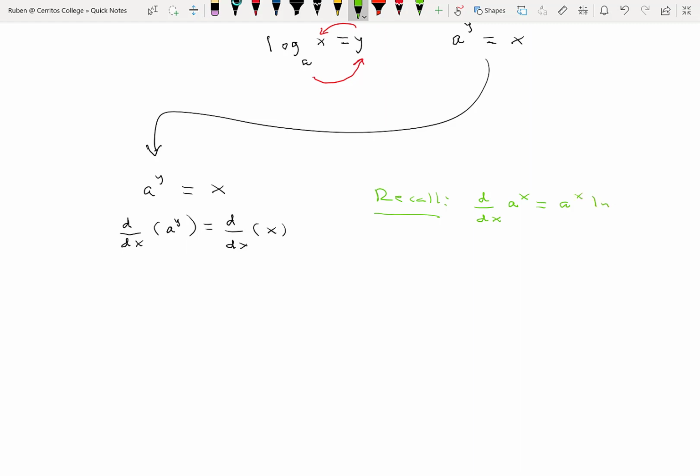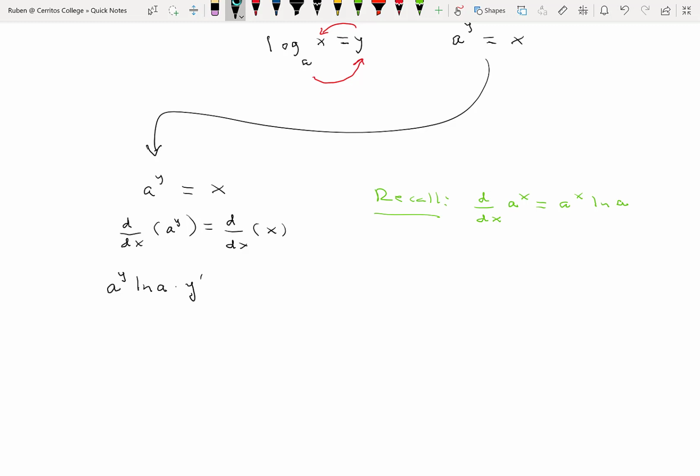We talked about that about 10 to 15 minutes ago. Let's use that here on the left-hand side. The derivative of a to the y is a to the y natural log of a times what else, though? Well, we're not taking the derivative of a to the x, we're taking the derivative of a to the y. So what does implicit differentiation say we multiply by?